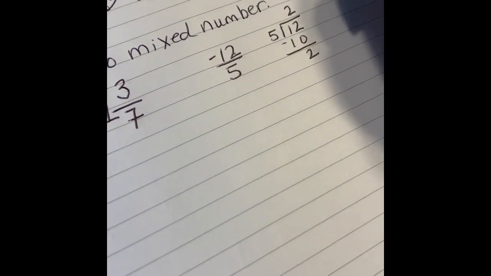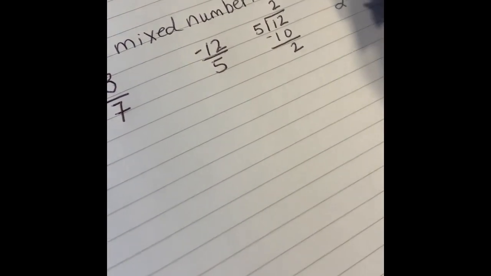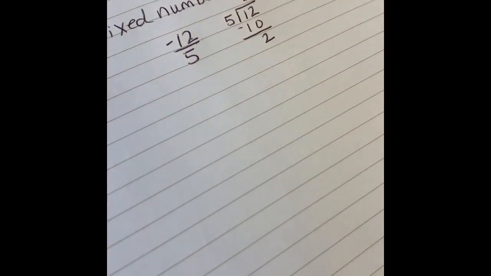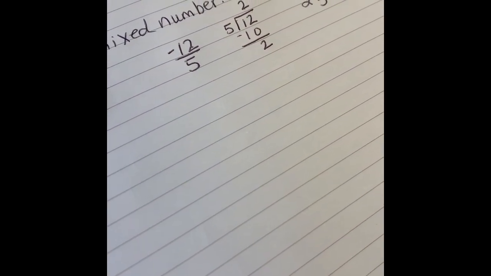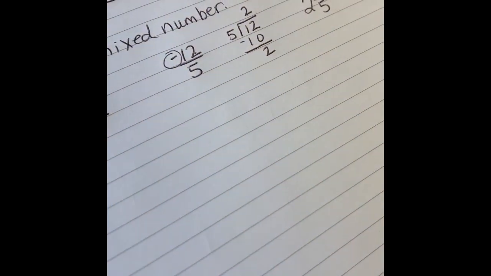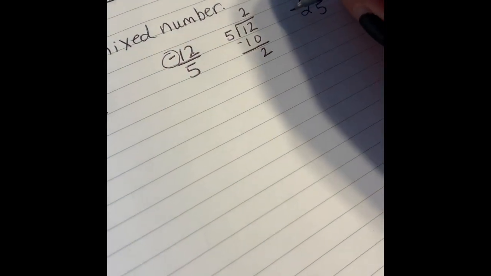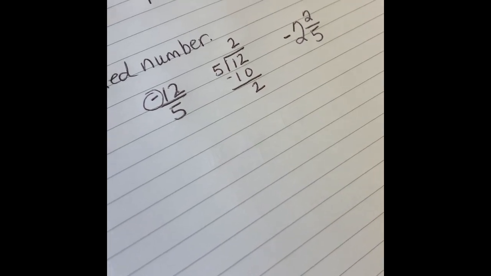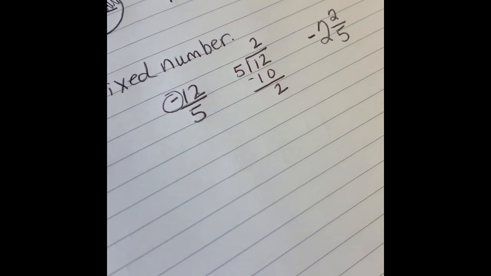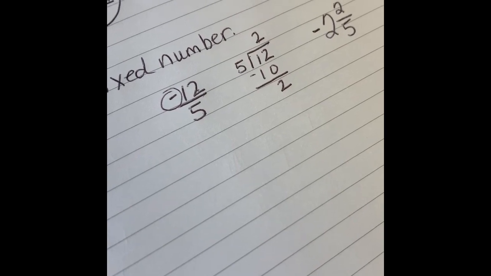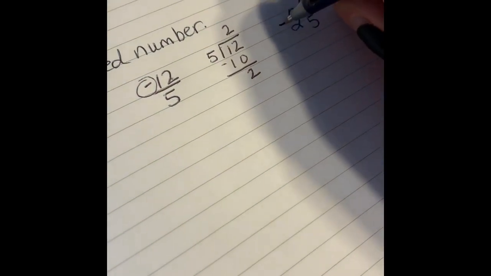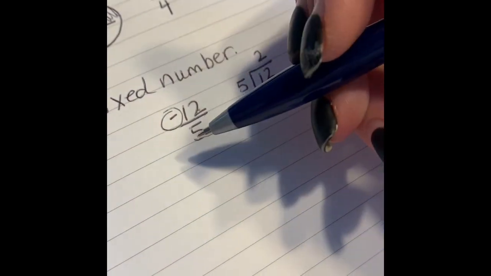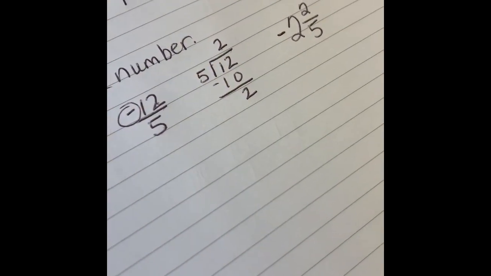So 5 goes into 12 2 times evenly with 2 left over, and I keep my same denominator. The last thing I need to do here is remember that I started with a negative fraction, so I am going to preserve that negative in my mixed number. We ignore the negative while we switch from the improper fraction to the mixed number, and then we have to remember to put it back on the end, because if this is a negative fraction, my mixed number also needs to be negative.